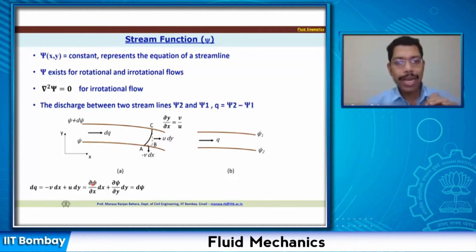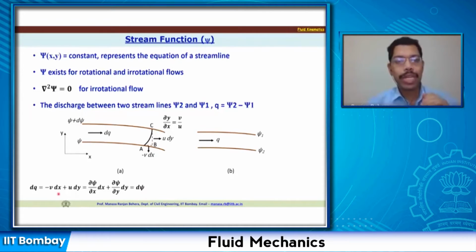Okay, so I can write v equals ∂ψ/∂x into dx plus ∂ψ/∂y into dy. And if you see here, the dx cancels out, the dy cancels out, and finally I'll get only dψ. Here the multiplication of two doesn't matter because this is only elemental. So I'll get only dψ.